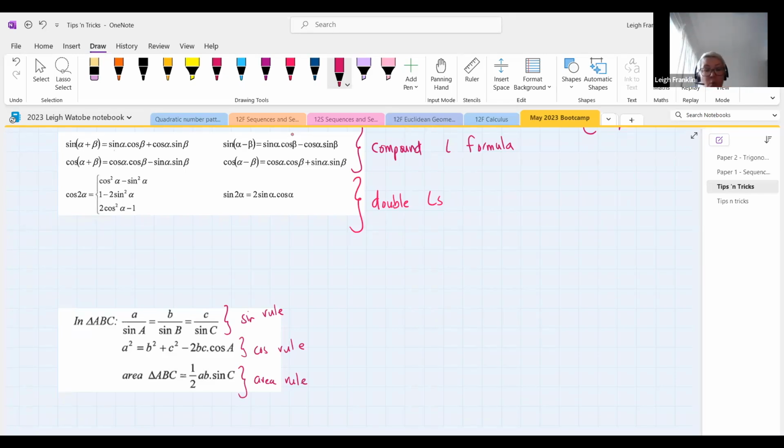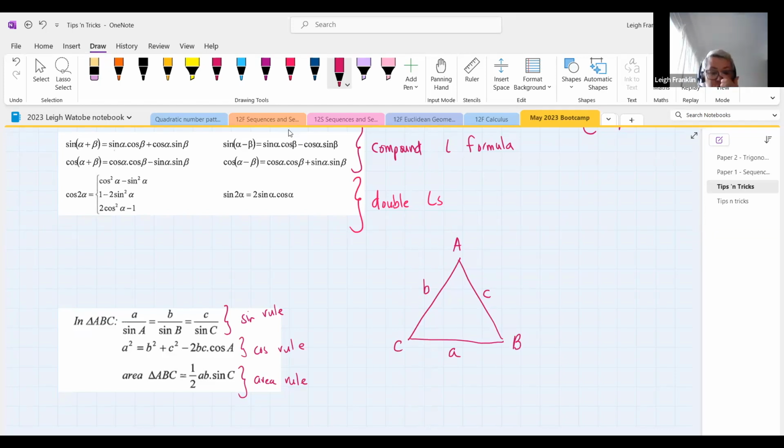The important thing to remember when you're working with these rules is how triangles are labeled. If this is angle A, then the side opposite it will be side little a. If this is angle B over here, then side b is opposite angle B. And if this is angle C, then that would be side c over there.